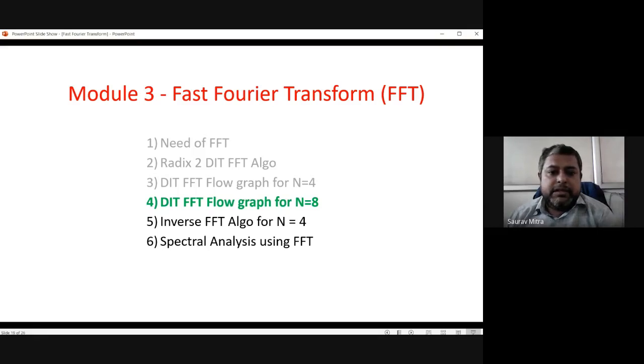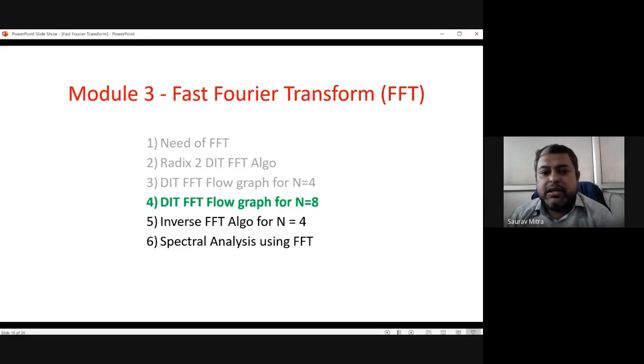FFT uses very few calculations to find the DFT of the sequence given to us. Though the results are the same, FFT does it with far fewer calculations. So computational efficiency is the main advantage of FFT.